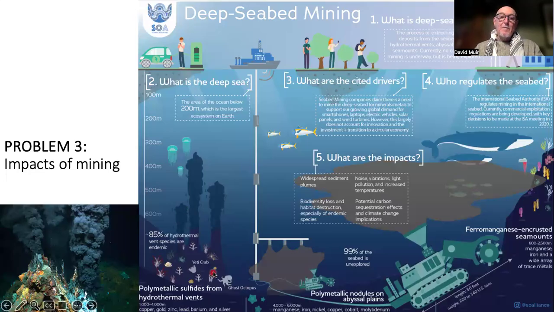Now, a hydrothermal vent is a volcanic vent. It's an area of the ocean floor where seawater seeping into the sediments is heated very deep below the surface and then rises up to the surface and belches out of fissures in the crust, in the oceanic crust.